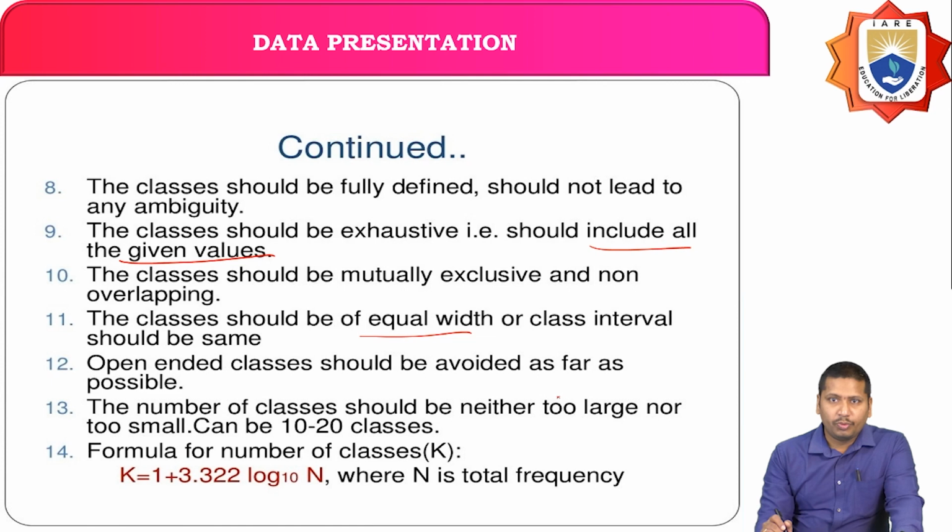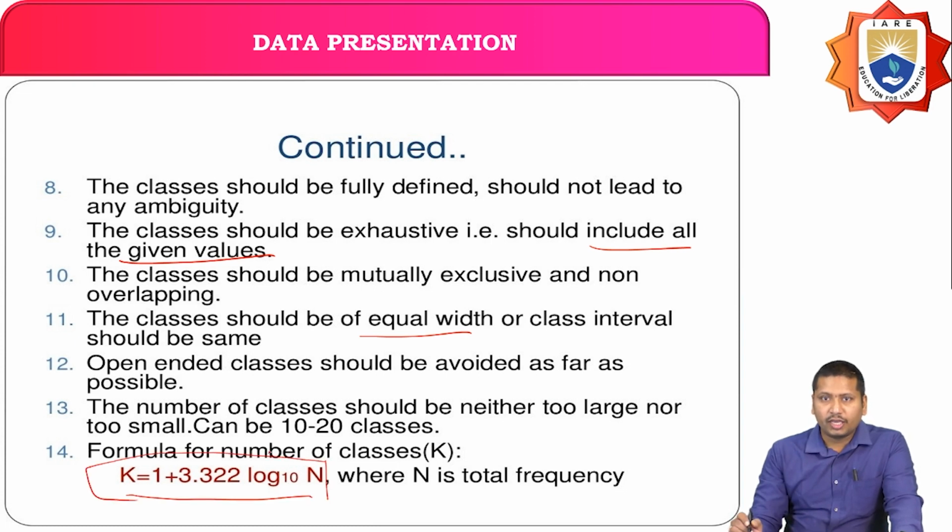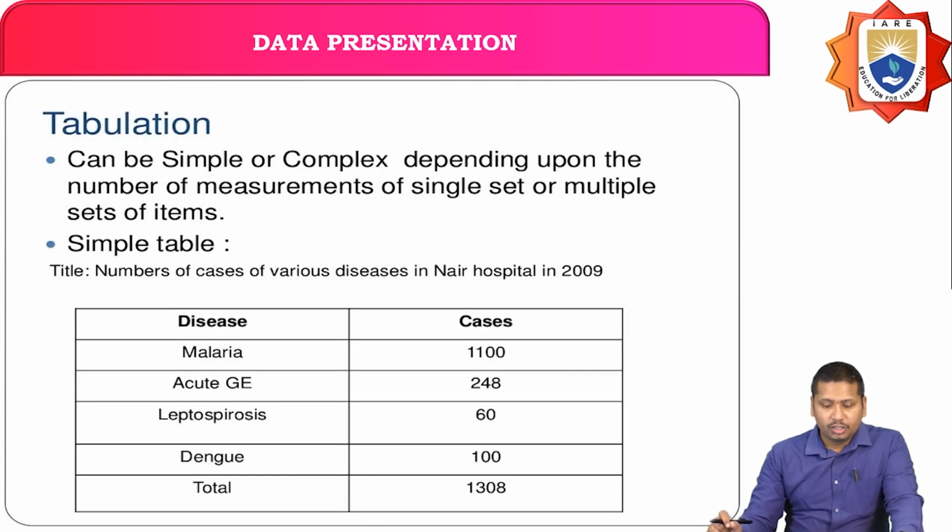Open-ended classes should be avoided as far as possible, and the number of classes should be neither too large nor too small. Normally, to calculate the number of classes, k = 1 + 3.3 log n, where n is the total frequency. Next, the tabulation.